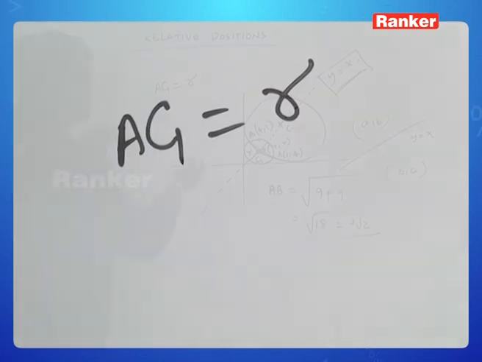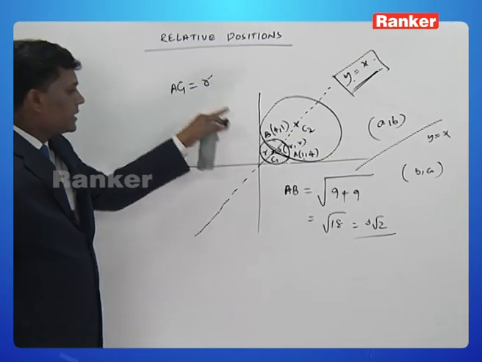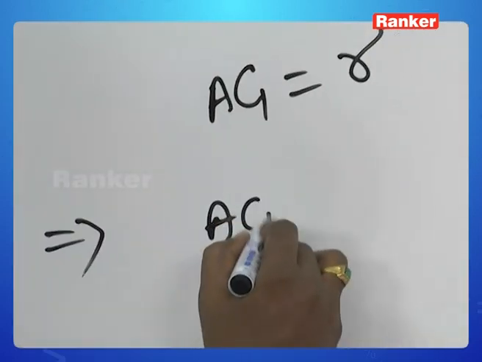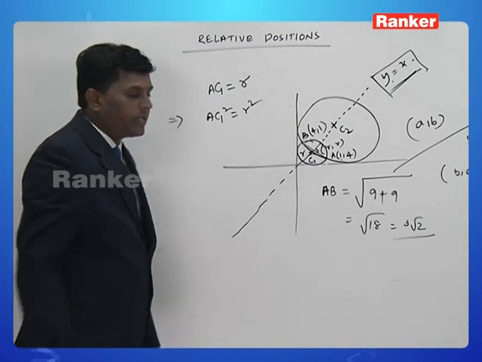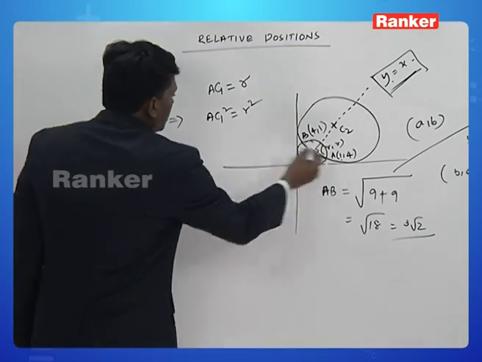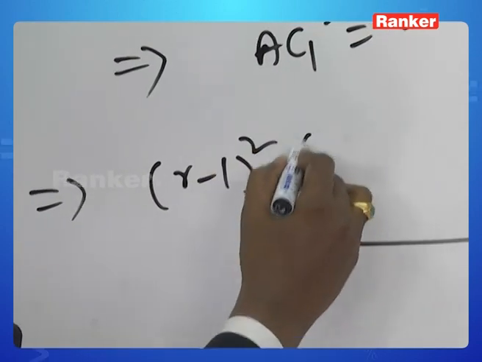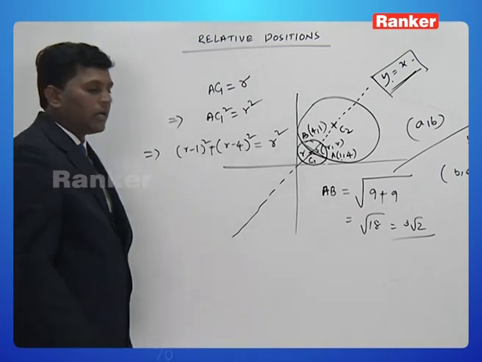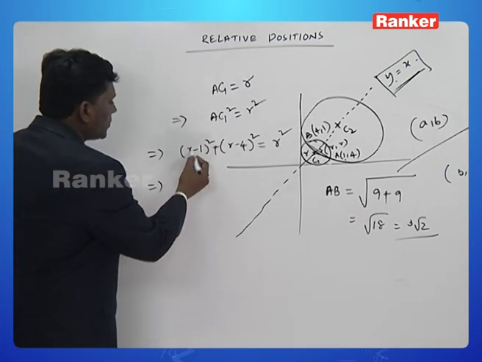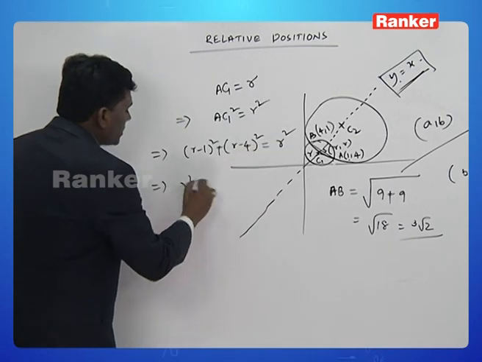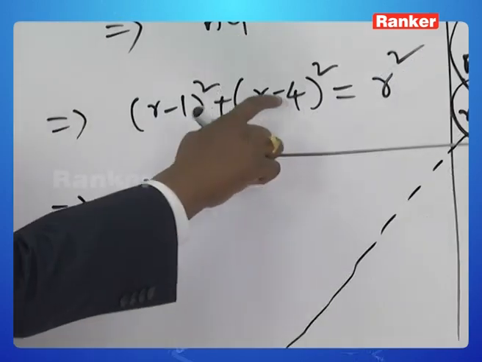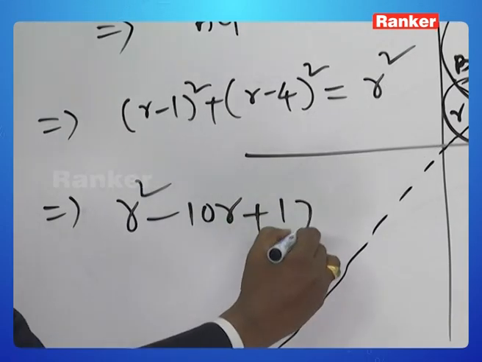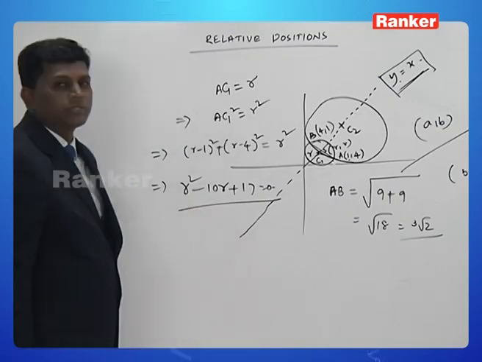So we got a clear relation between r and the given coordinates. Squaring both sides, AC1 square equals r square. So we get (r minus 1) whole square plus (r minus 4) whole square equals r square. After simplification, 2r square minus r square is r square, minus 2r minus 8r will be minus 10r, plus 1 plus 16 will be 17 equals 0.